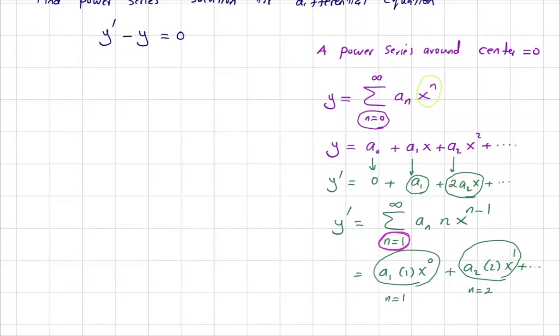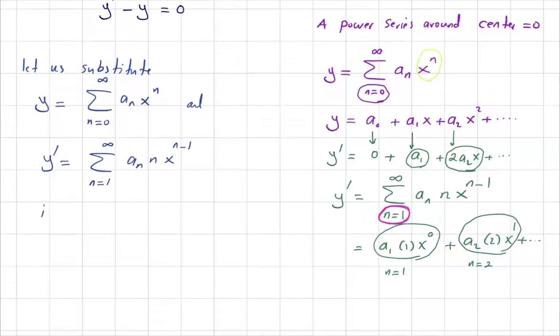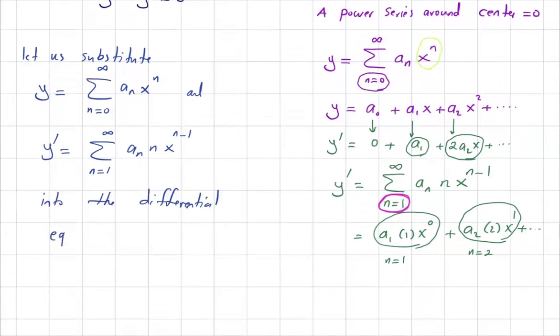Now let us substitute y equals the summation of a_n x to the n, starting from 0 to infinity, and y prime, which is equal to the summation of a_n n x to the power n minus 1, starting from 1 to infinity, into the differential equation y prime minus y equal to 0.